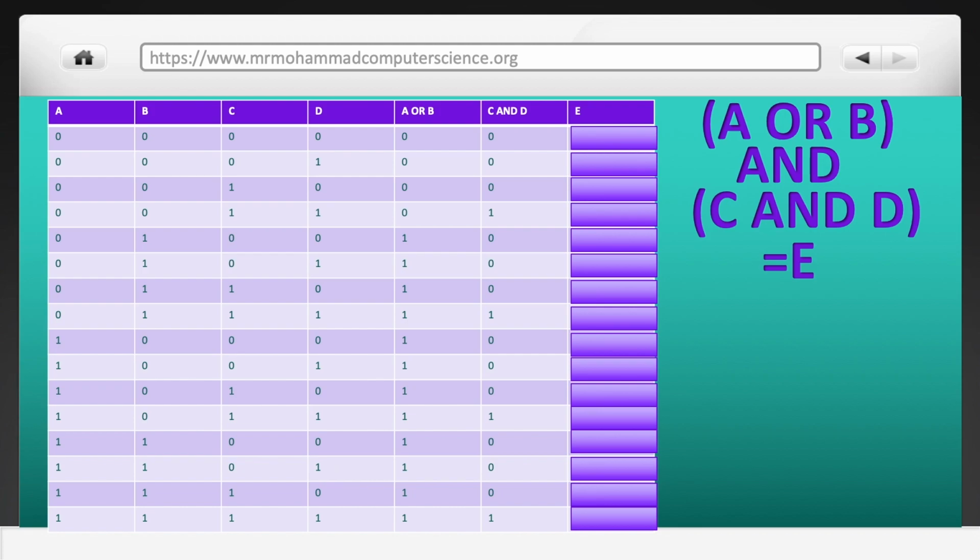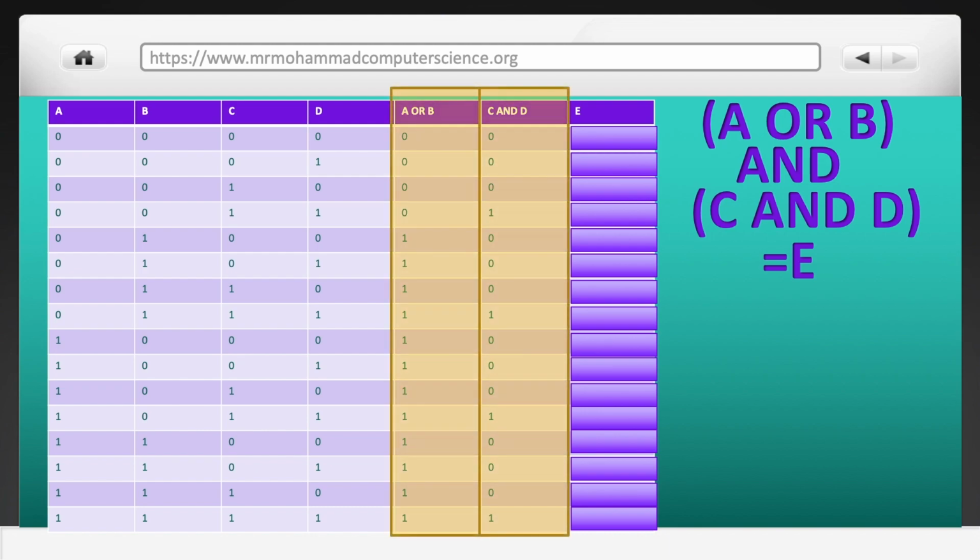Now E is effectively the combination of the column A or B and the column C and D. But of course, we have an AND in between them in our formula, which means we're going to create an AND result over here, meaning we need to have two ones to get a 1. I already see two zeros, two zeros, two zeros, 1 0, we've got another 1 0, we've got a 0 again, a 0 again.